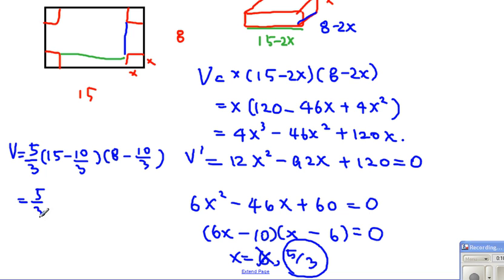Now this becomes 35 over 3, and here 24 minus 10 gives 14 over 3. So that becomes our final answer.